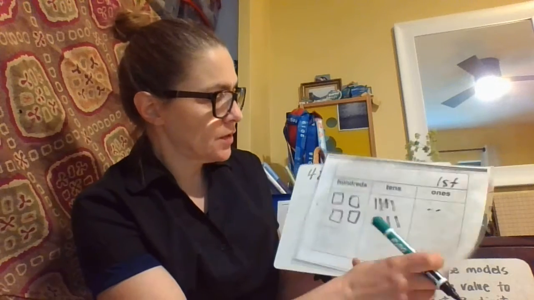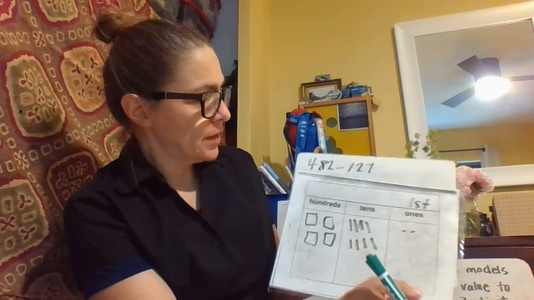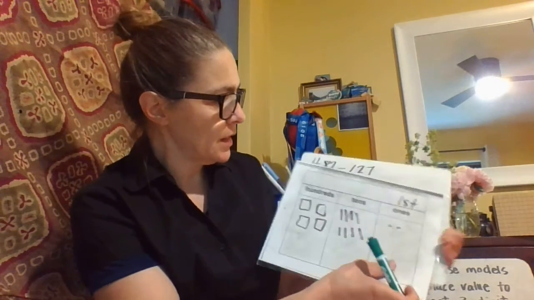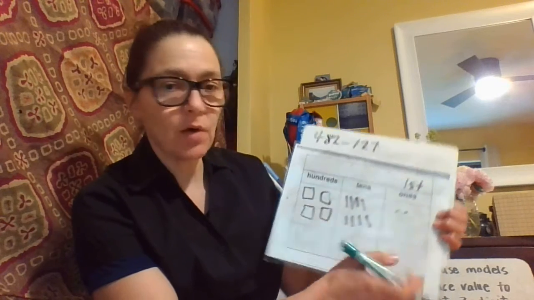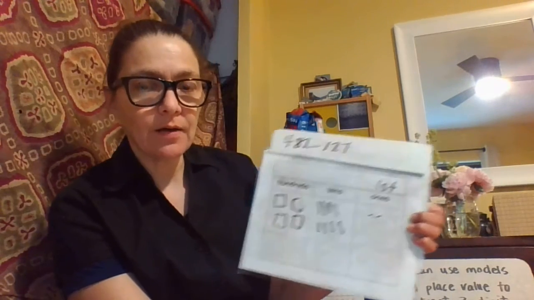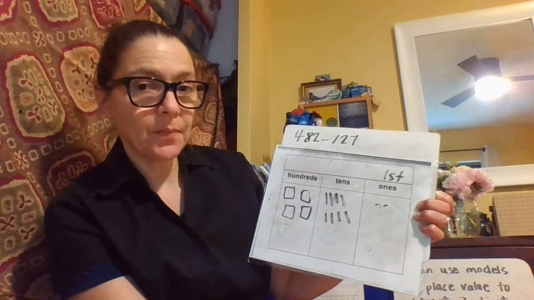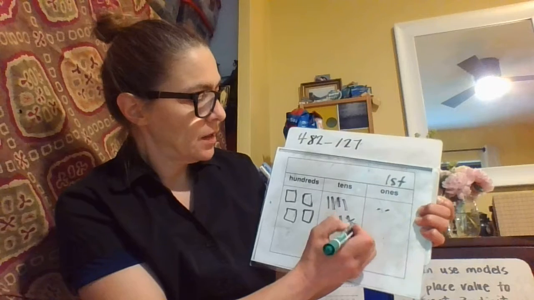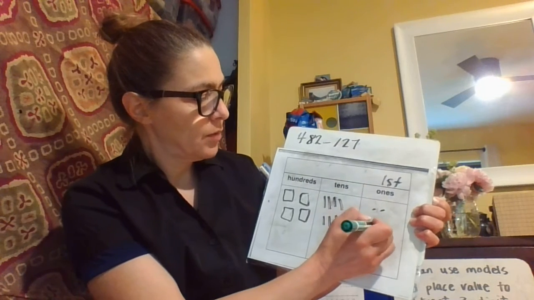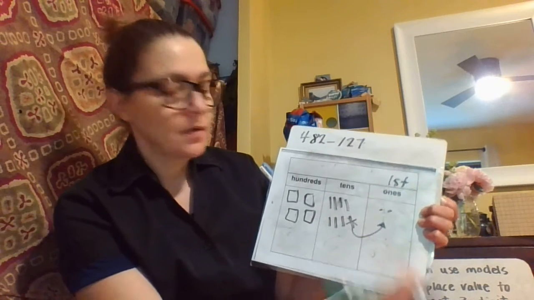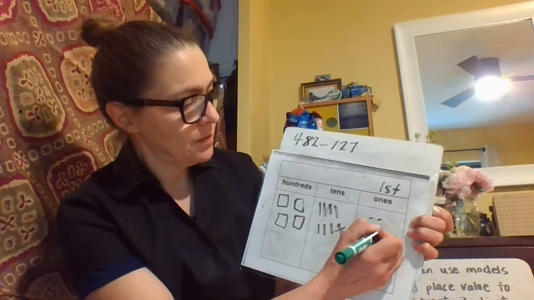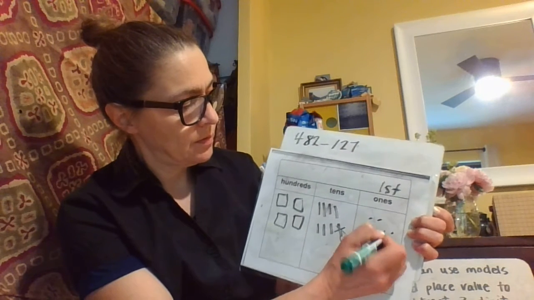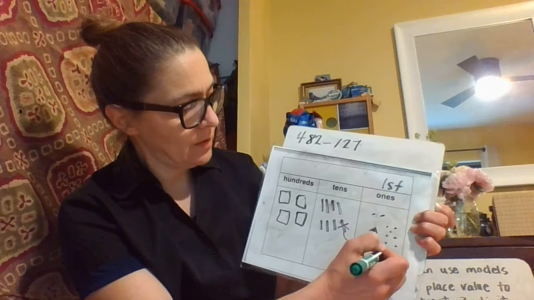Right, so you are subtracting 127, and you can right away see that you don't have enough ones in the column. So you will have to break apart a 10. So you're moving the 10 in here, 5, and 5 plus 5 is 10.